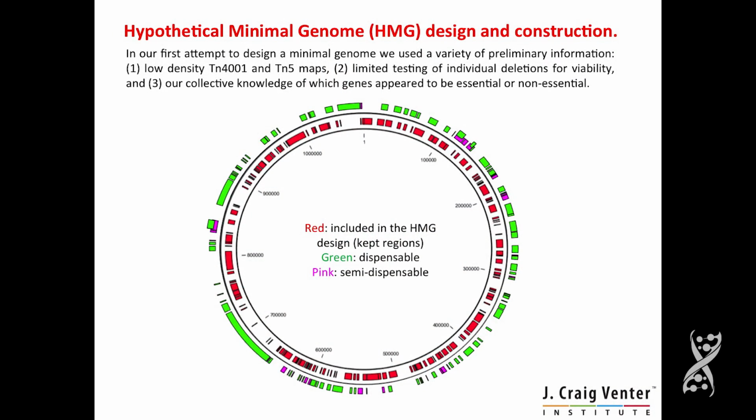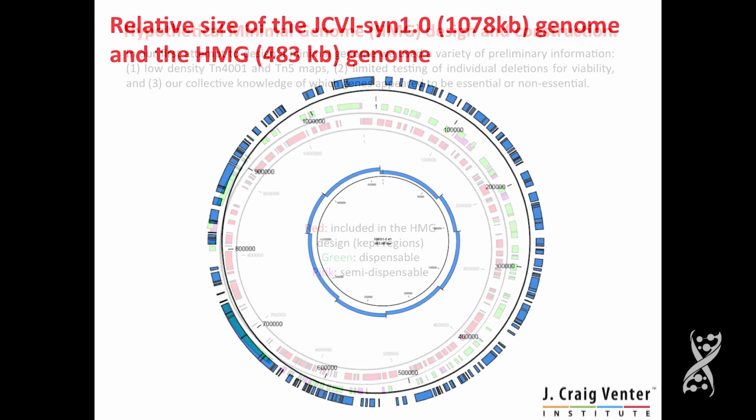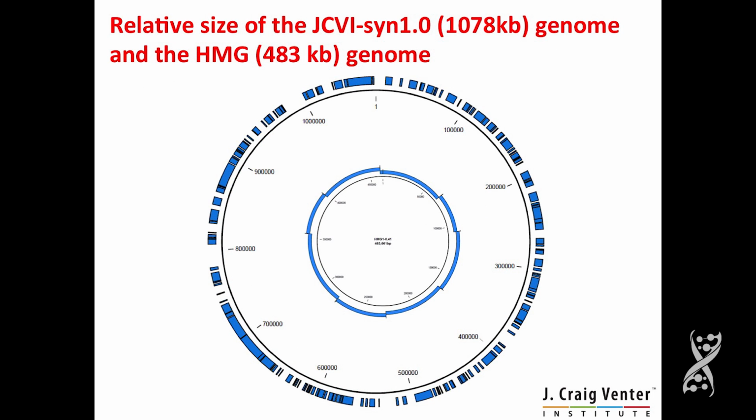We designed it in 8 different pieces so that we could test each piece to see if we had designed that piece correctly. And the red inner circle shows the pieces that we kept for the design. And this shows the relative size of the hypothetical genome compared to the starting JCVI-syn1.0 mycoides genome.